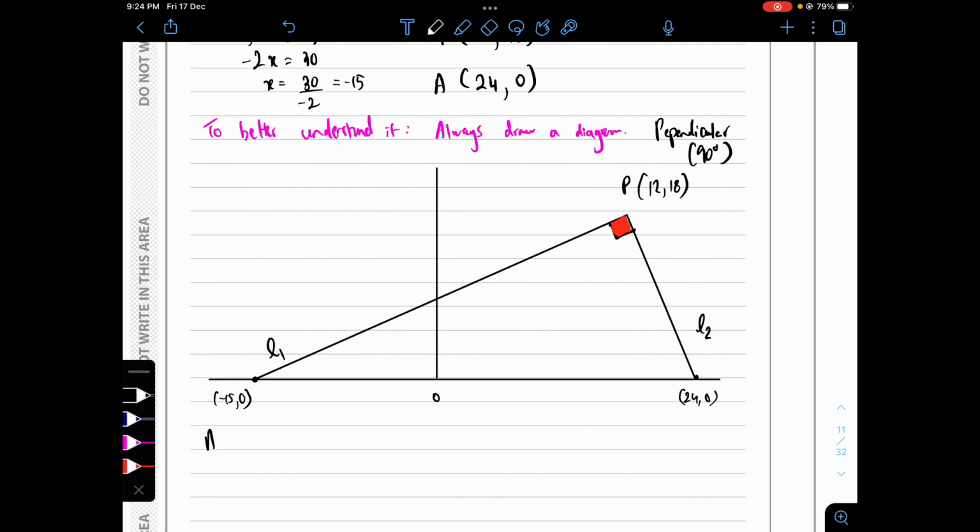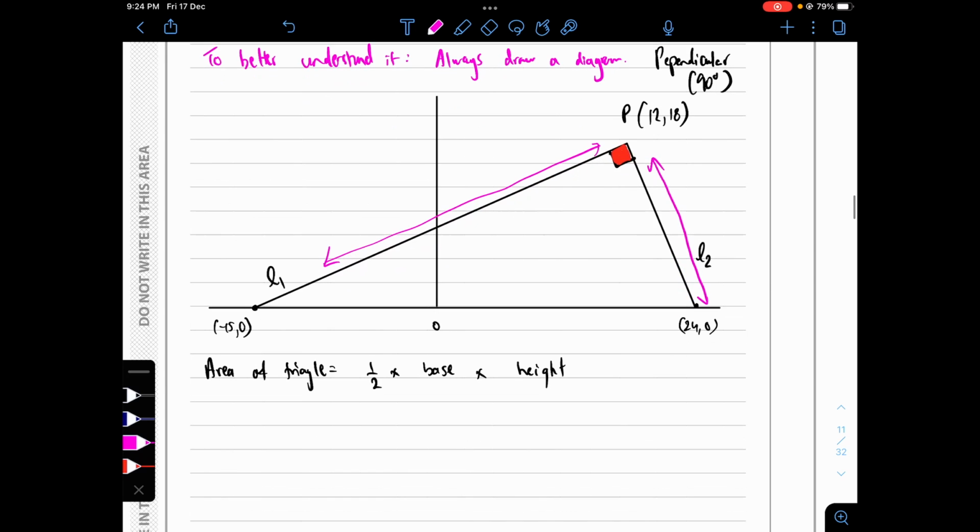The area of a triangle is half times base times height, right? Now you can do it two ways. You can find the distance from here to here and then the distance here, and we can times them together and divide by 2.